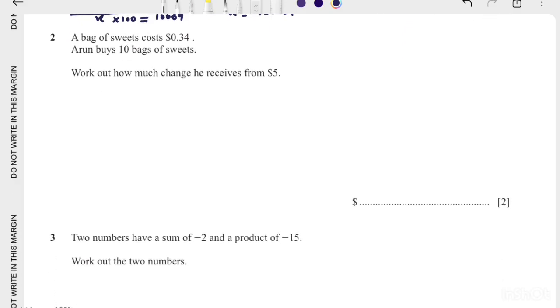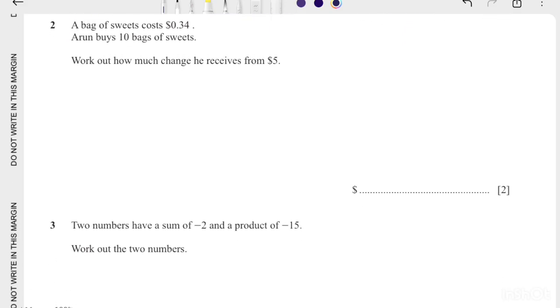Question number 2. A bag of sweets costs $0.34. Arun buys 10 bags of sweets. Work out how much change he receives from $5. It's very simple.